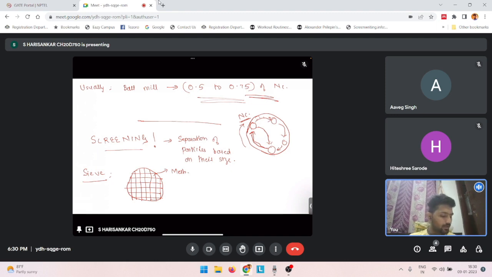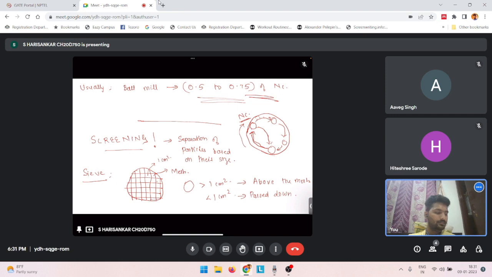And what happens is, if you have a particle and let's say this mesh opening has a size of 1 centimeter square, if your particle is greater than 1 centimeter square, it will be retained above the mesh. And if it is less than the mesh opening, it passes down through the mesh. And that is how separation of the particles happens using a sieve or a mesh.